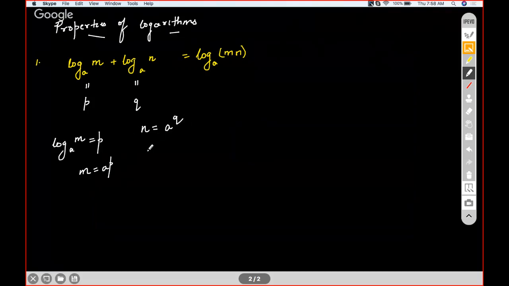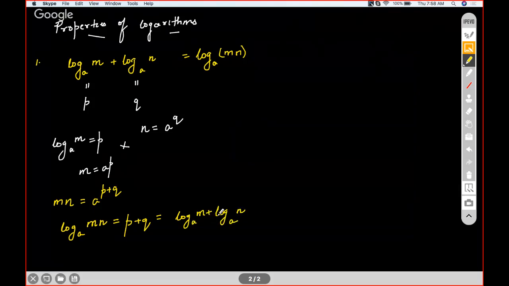Now, when you multiply them, mn is equal to a to the power of p plus q, which is as good as saying log mn to the base a is p plus q. And that's nothing but log of m to the base a plus log of n to the base a.